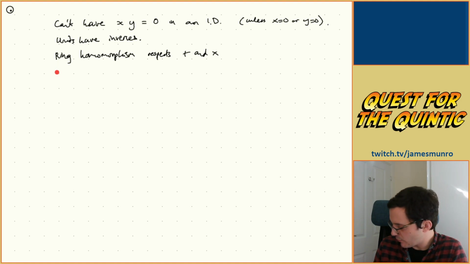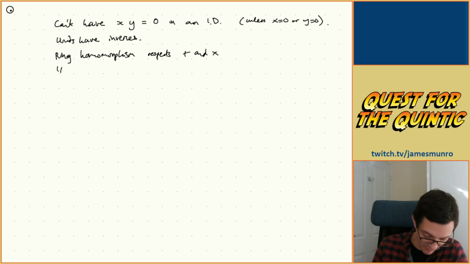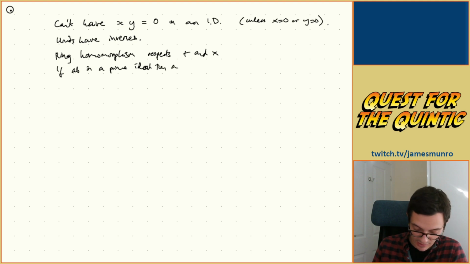That's kind of weird, isn't it? Let's do it like if AB in a prime ideal, then A or B in that ideal. That seems good enough. Okay.